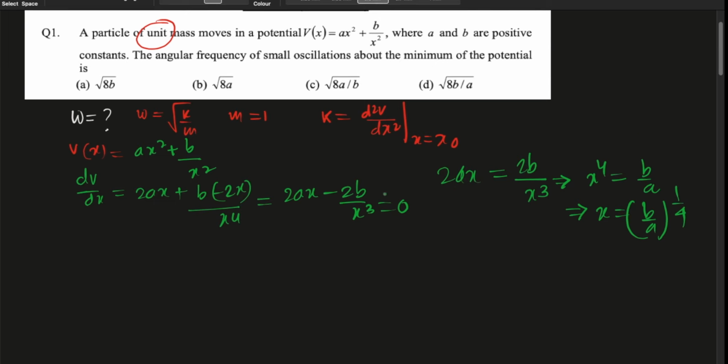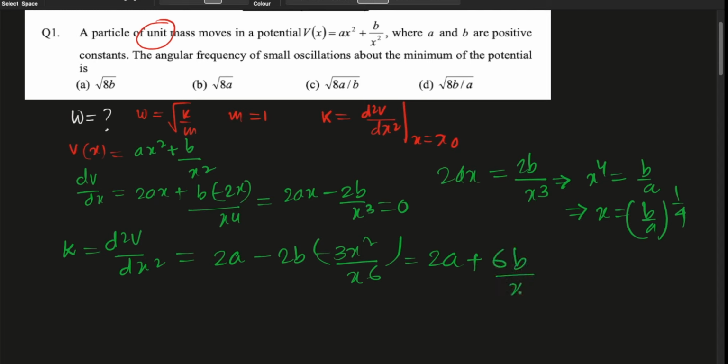If we know the stable fixed point, we can find the value of k by putting in the value in d²V/dx². This derivative will be 2a minus 2b times minus 3x² by x to the power 6, so this value will be 2a plus 6b by x to the power 4.